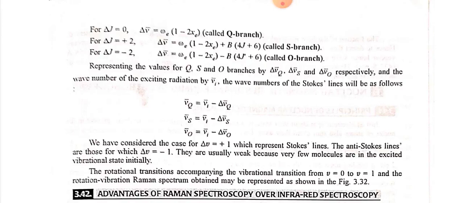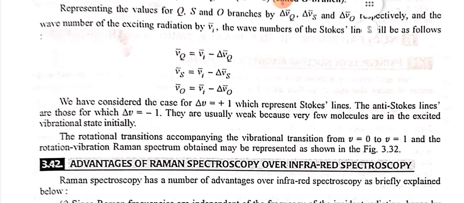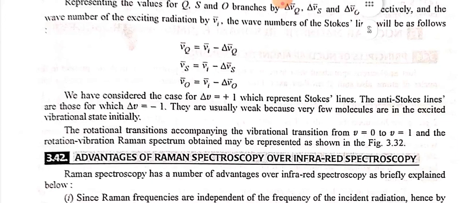The wave numbers of the Stokes lines will be as follows. Nu bar Q is equal to nu bar I minus delta nu bar Q. Nu bar S is equal to nu bar I minus delta nu bar S. Nu bar O is equal to nu bar I minus delta nu bar O. We have considered the case of delta nu is equal to plus 1 for the Stokes lines, and the anti-Stokes lines are those of delta nu equal to minus 1.